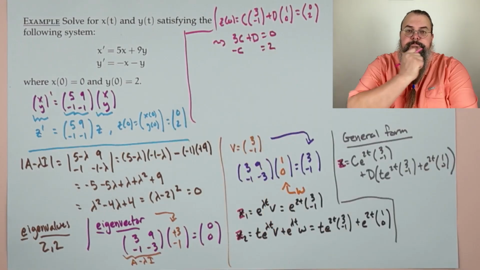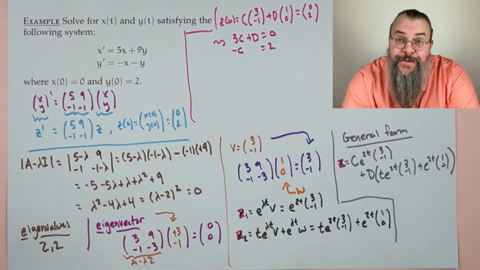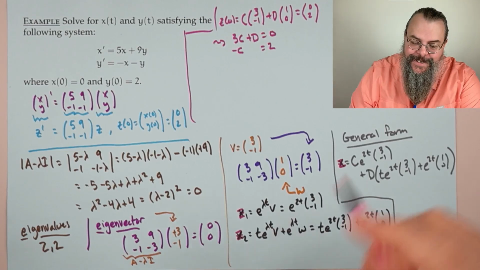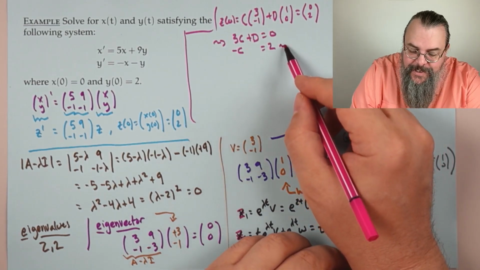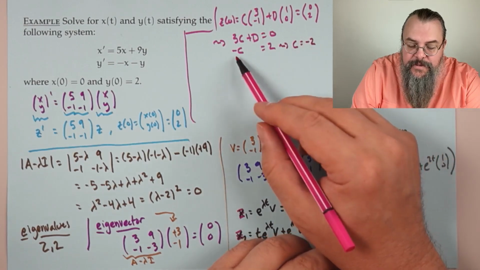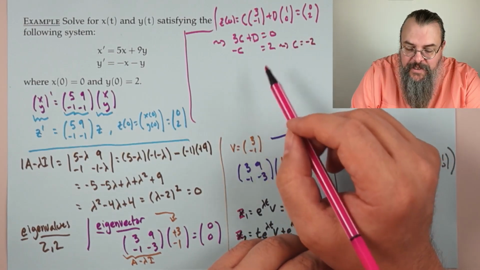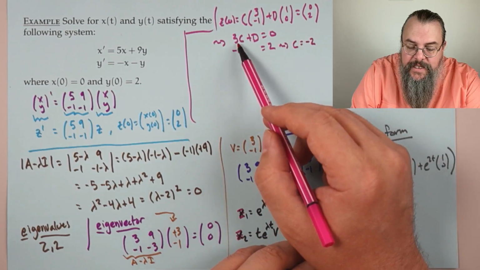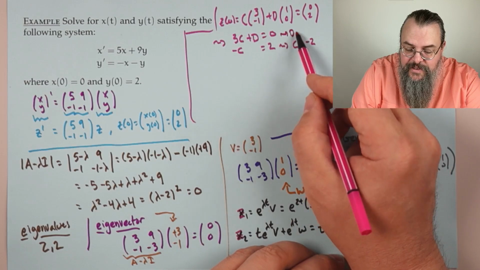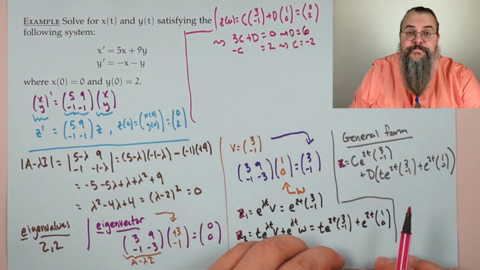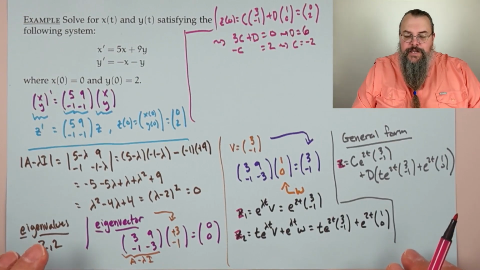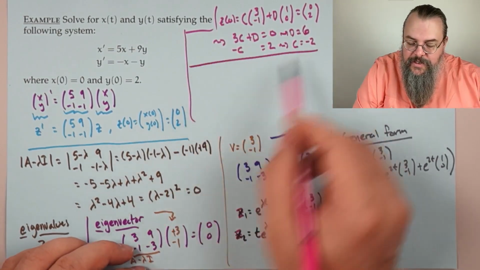And now we're like, can we solve this system? I think we can. Look, we see here that c is negative 2, right? Just multiply both sides by negative. All right, if c is negative 2, we get minus 6 plus d equals 0. So we say, oh, d is 6. All right, well, so now we get our answer.